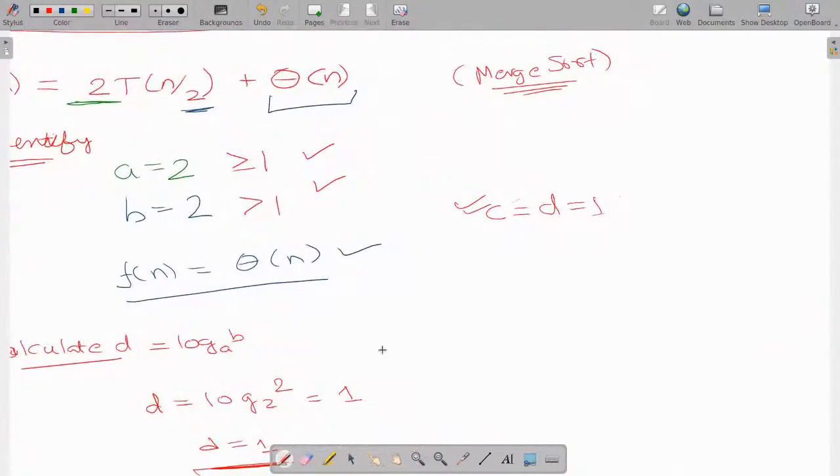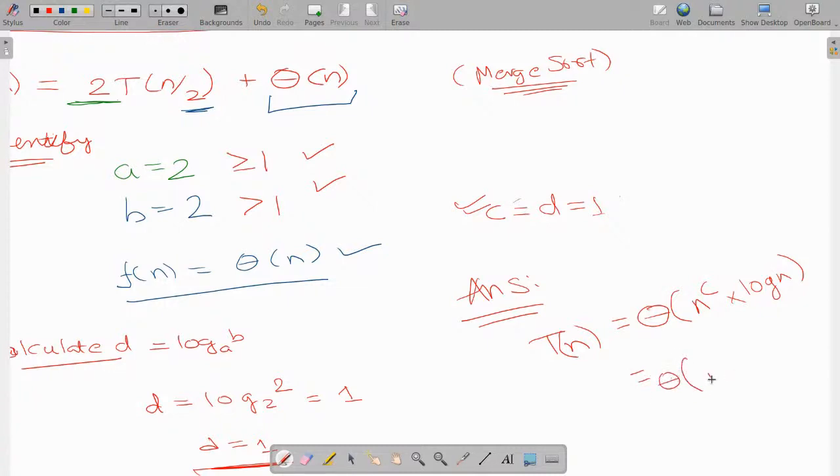So we can write down our answer as the final complexity theta of n power c into log of n. And what is c here? In our case, it is n power 1 into log n, which comes out to be theta of n log n.